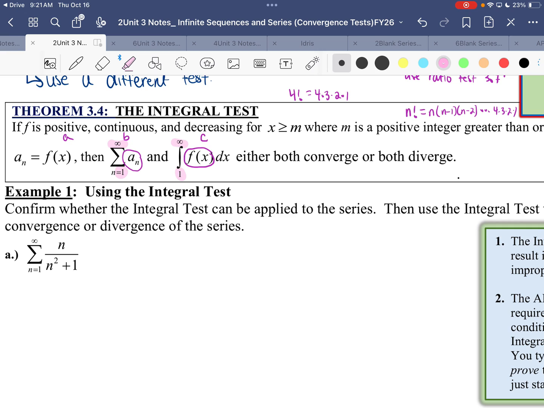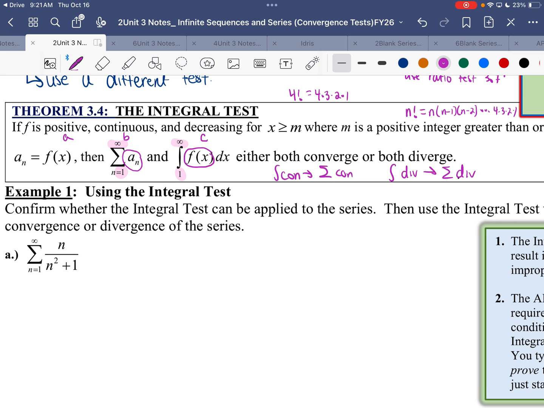If when you integrate this, you get a finite number, if the integral converges, then the series converges. If the integral diverges, then the series diverges. Integral converges, series converges. Integral diverges, series diverges.